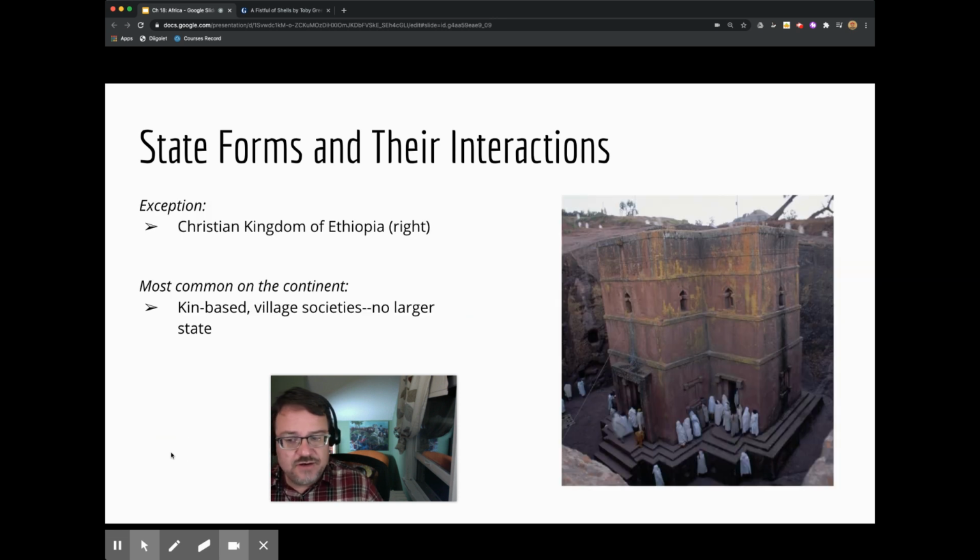Okay. So I mentioned Ethiopia is an exception to this trend of Islam spreading into Africa, although there are places in the modern nation of Ethiopia where people are Islamic. The kingdom of Ethiopia in the Middle Ages supported Christianity, including these super cool rock churches, which are carved out of solid rock into the ground, where people would go down into church and then they would emerge up out of the church.